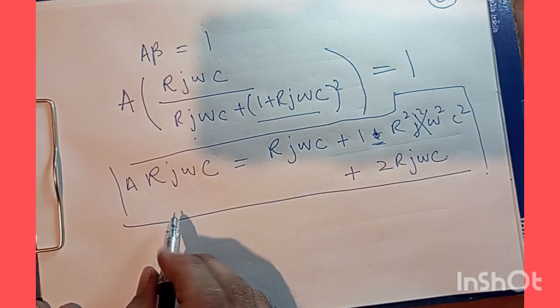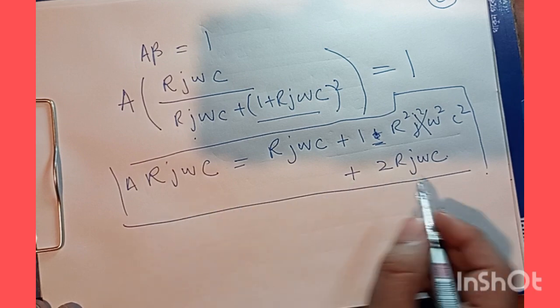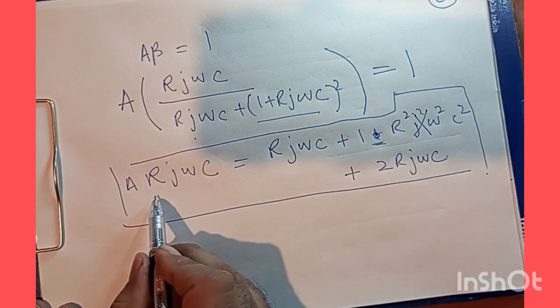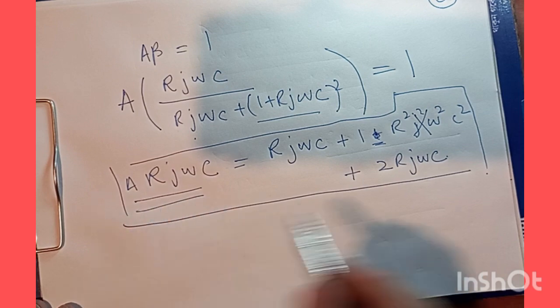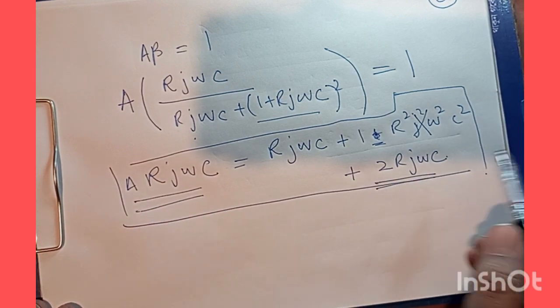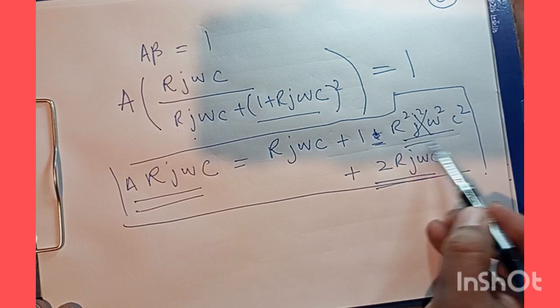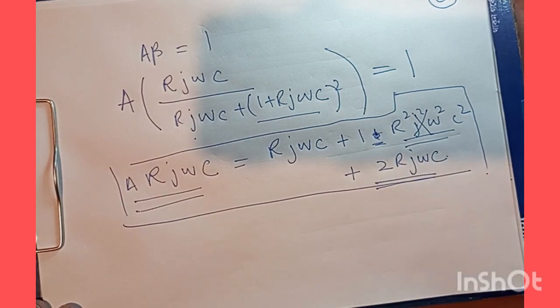Now let us put here, here I have a complex number, and here I have a complex number, here I have a real number.